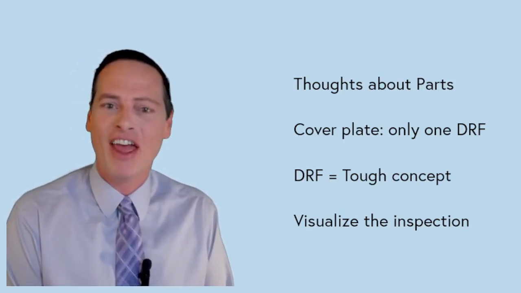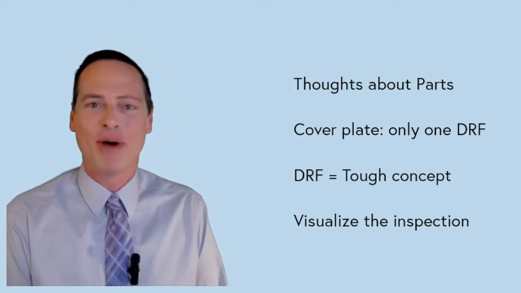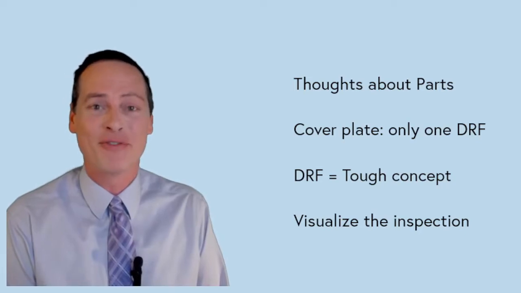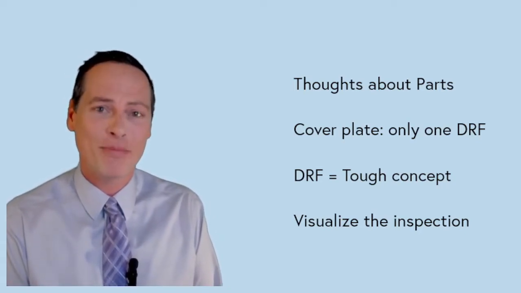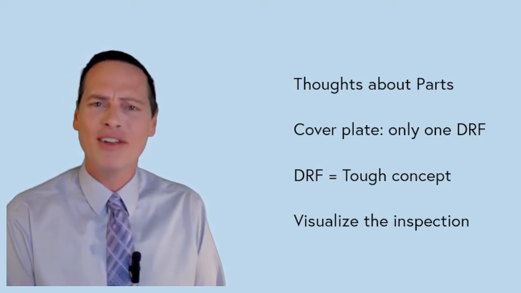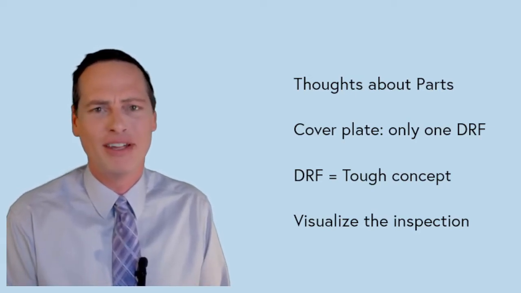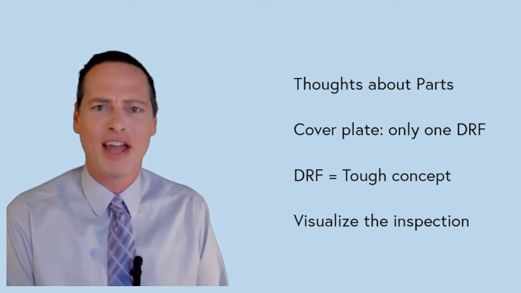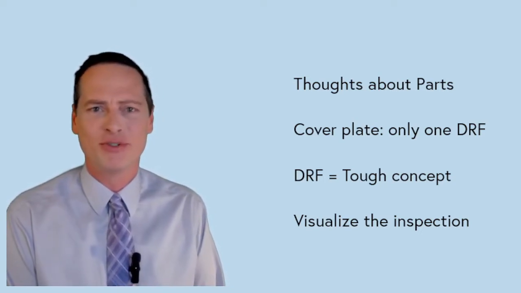All right, and so saying all this stuff about perfect parts, realizing that most of the time our parts are not perfect, and we wouldn't really want our parts to be perfect. We don't want a simple part like a cover plate to have to be made to the nth degree of accuracy on the very best machine tools that are available.